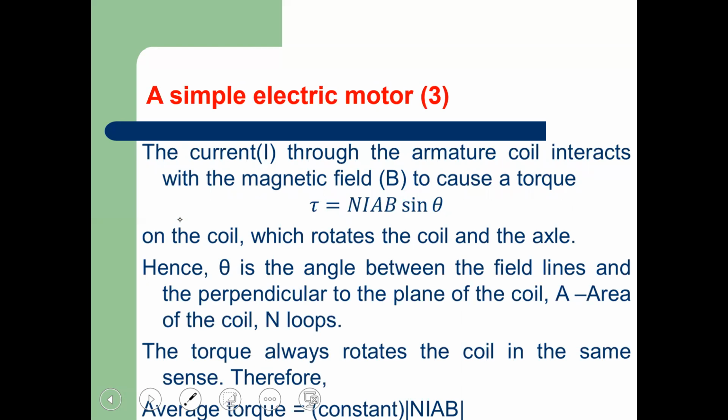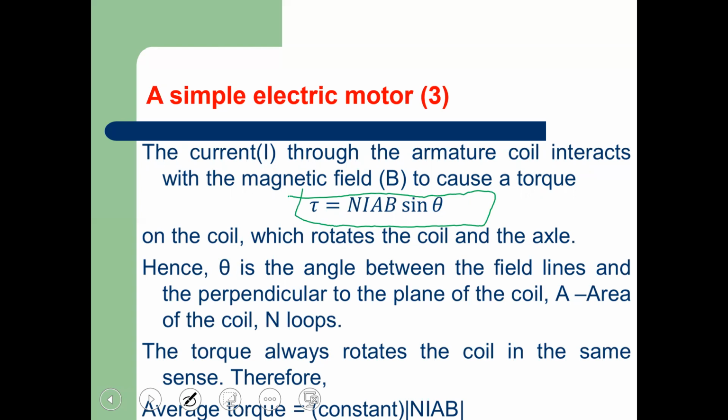So still on electric motors, the current through the armature coil interacts with the magnetic field B to cause a torque tau. And that gives us this expression for torque. This is familiar, right? We've seen something like this before.